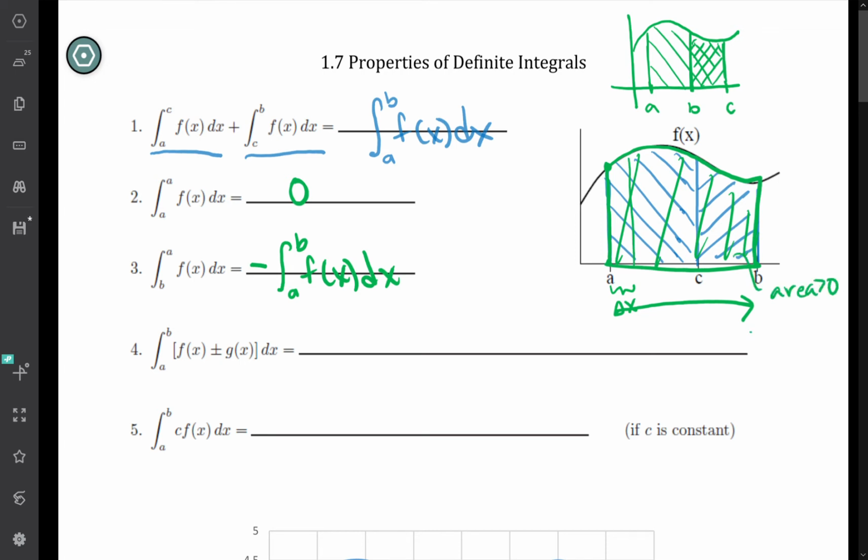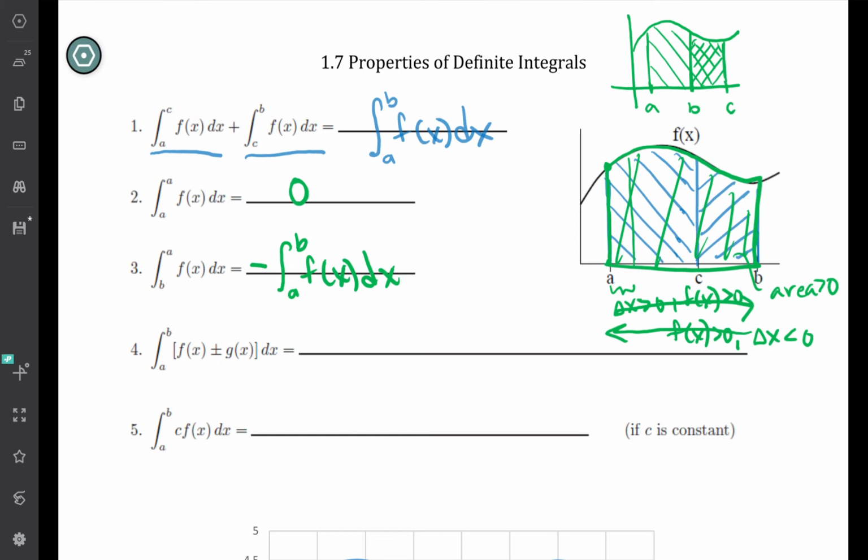If I go this direction, my y values are still positive, so the heights of my rectangle are still positive, but now my delta x is less than 0, so here, delta x greater than 0, f of x greater than 0, that means the area is positive. If we're going the other way, I still have f of x greater than 0, but now the delta x is less than 0, which means, again, area is positive, but the integral is going to count that as negative. It's going to say positive times negative is negative. So it just gives you the opposite sign.